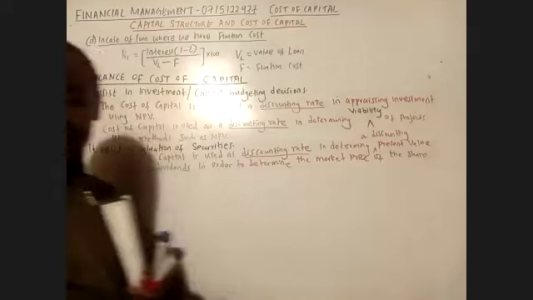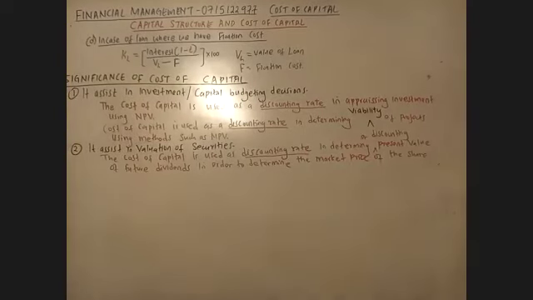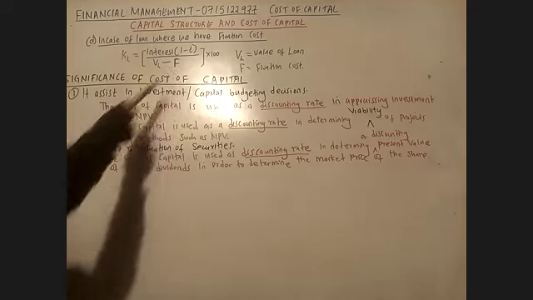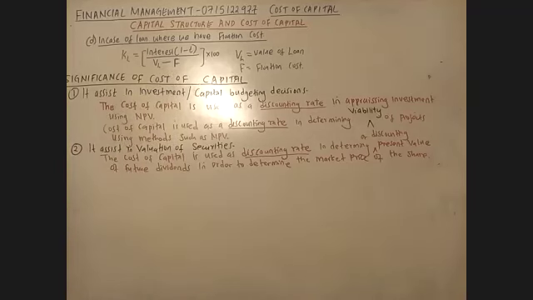So the word discounting means, we'll talk about it later, the process of converting future cash flows to present values. So that's why the discounting rate or this cost of capital is the one which is used to convert the future value to present value.